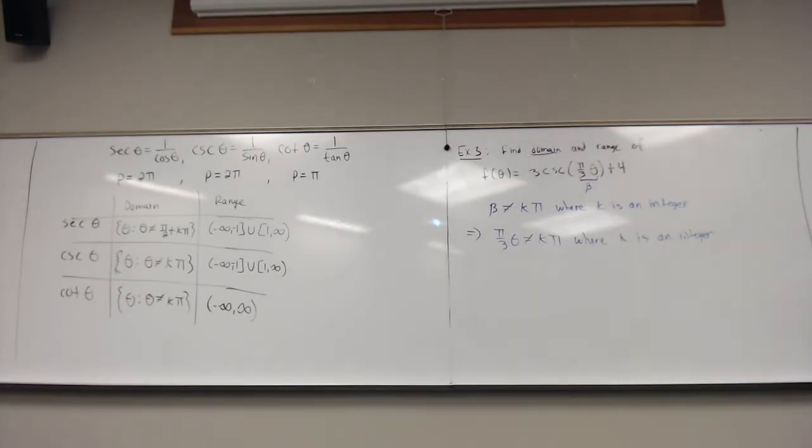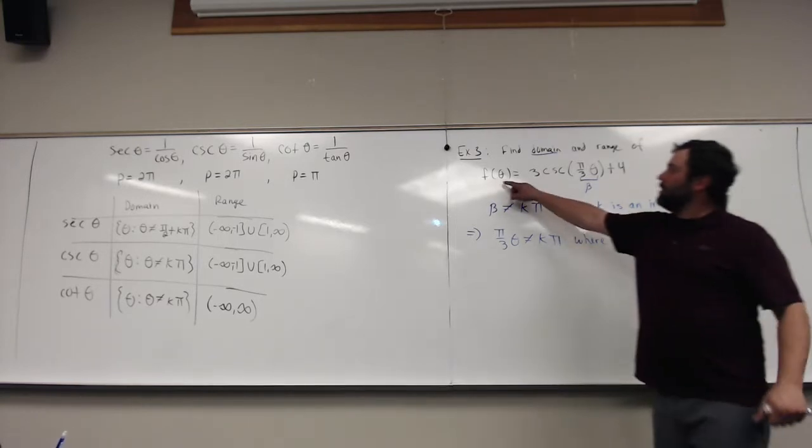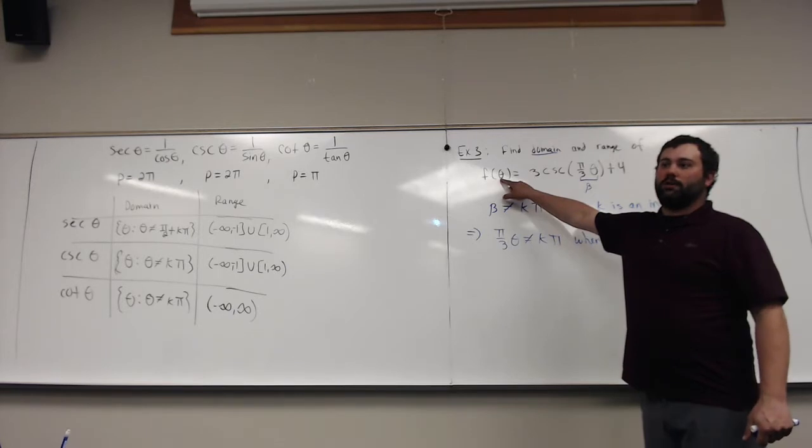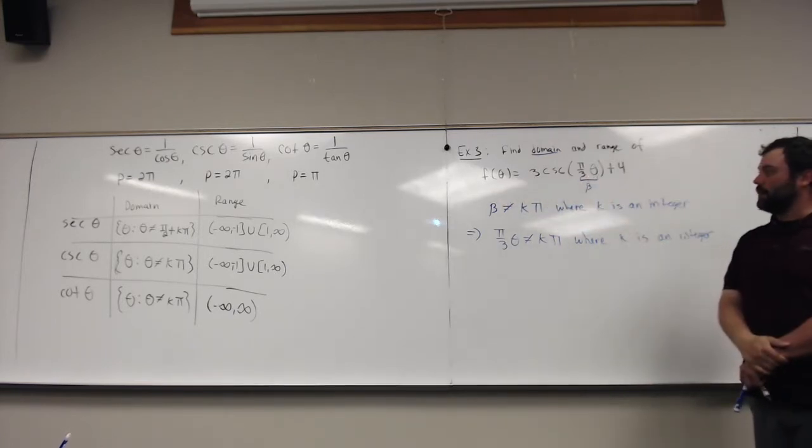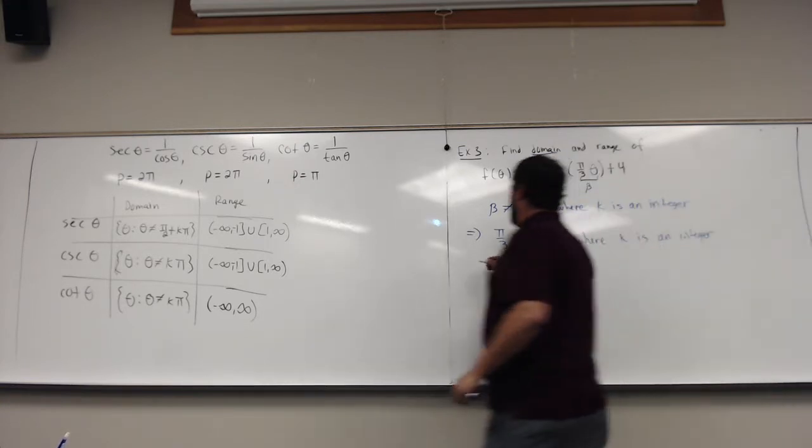Okay. So I'm taking my varied input, pi over 3 theta. We're saying that cannot be a multiple of pi. And then the last thing I need to do is solve for theta. Right? Theta is really the input of our overall function. But we look over here, we just know that pi thirds theta cannot equal k pi. Now solve this for theta.